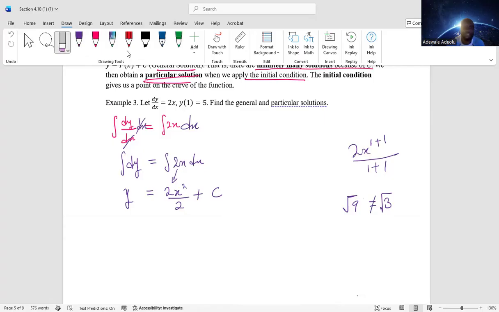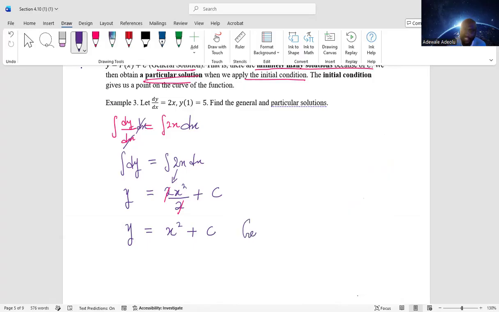So please take note of how to use the notation rightly. So we take care of these two, and we say y, our function, is now x squared plus c. However, what we have here is the general solution because it has c.